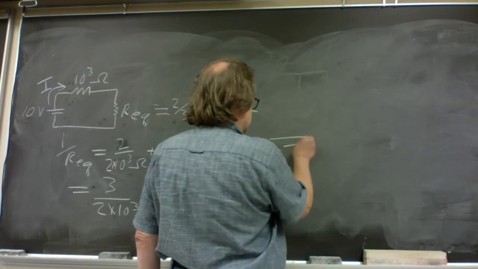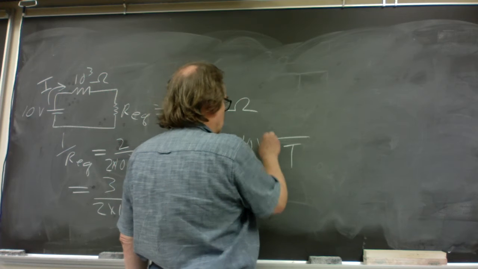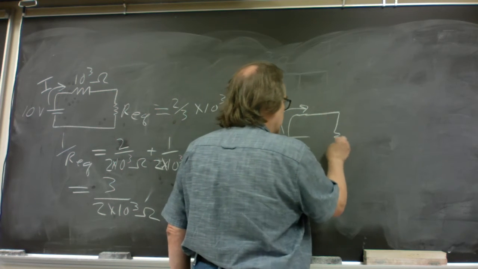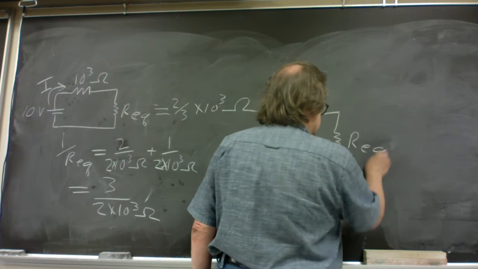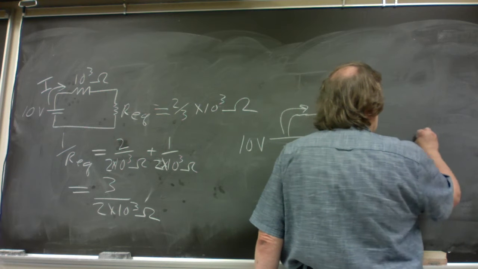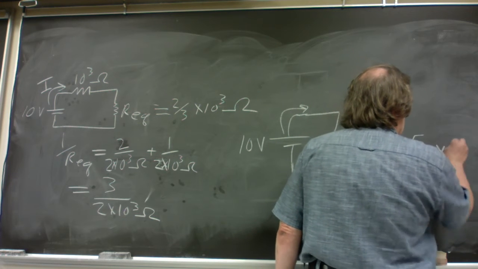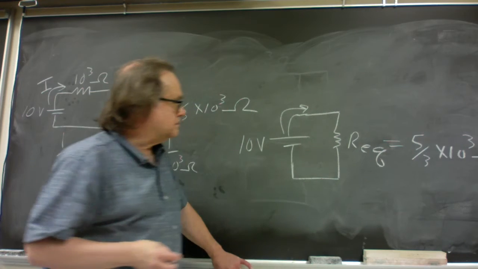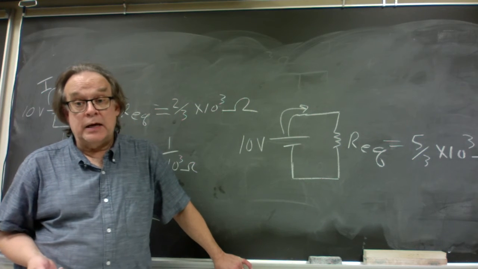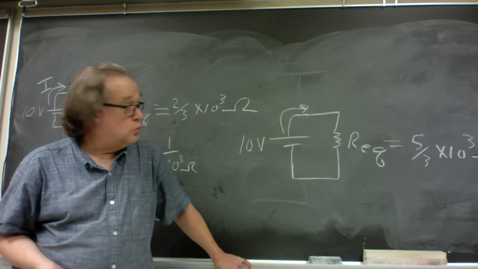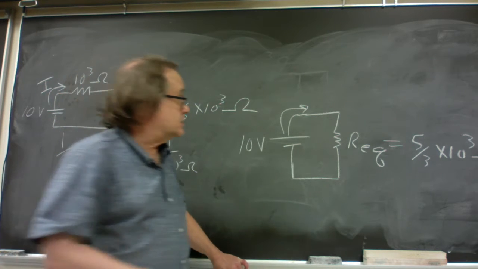So 10 volts pushes the same current through one equivalent resistance, which is equal to 5/3 times 10 to the 3 ohms. And with that, we can now figure out what that current actually is.